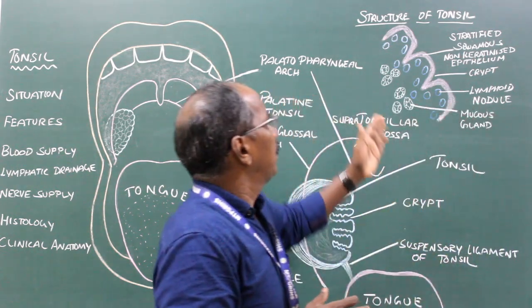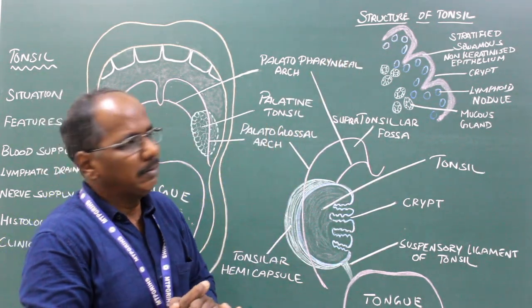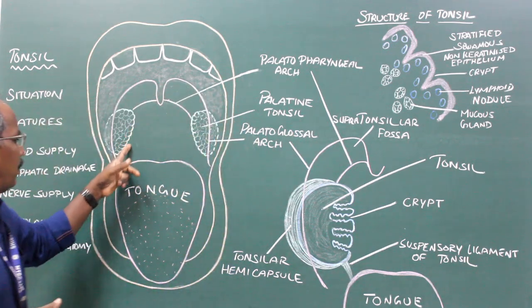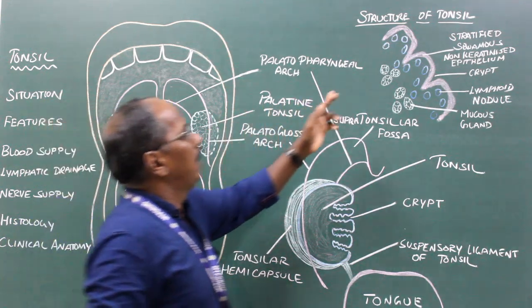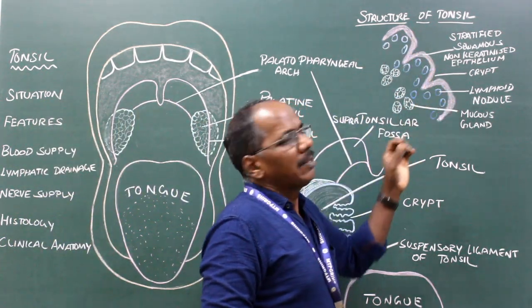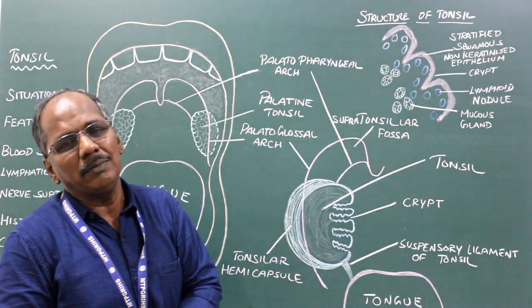Histology: structure of tonsil, or the histology of tonsil. The oral surface, that is the medial surface, is lined by stratified squamous non-keratinized epithelium.